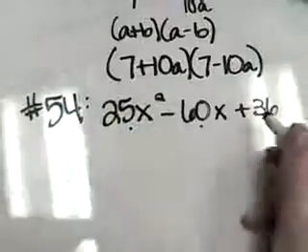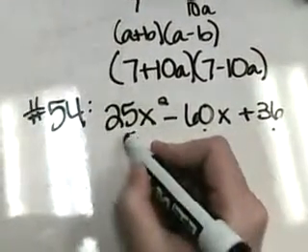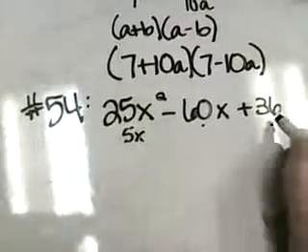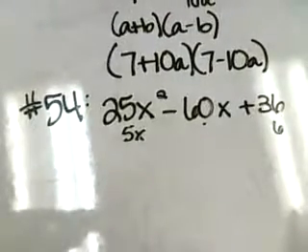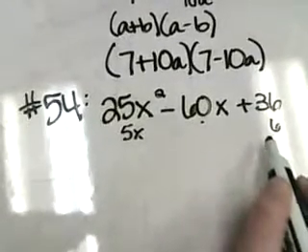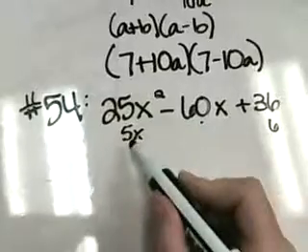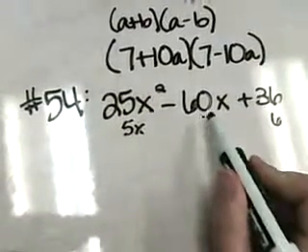Are the first and the third perfect squares? Yes, they are. This would be 5x, and this would be 6. But remember, the rest of that bubble says, is their product times 2 your middle term? Well, 6 times 5 is 30. If I take that times 2, yeah, that gives me my middle term.